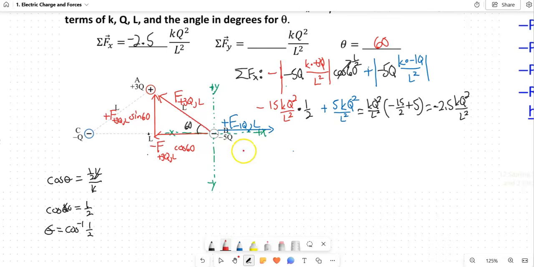All right, in our y direction, again, this is going to be much easier because we already have our hypotenuse right here. First of all, it's going to be pointed up, and our hypotenuse is 15 KQ squared over L squared.